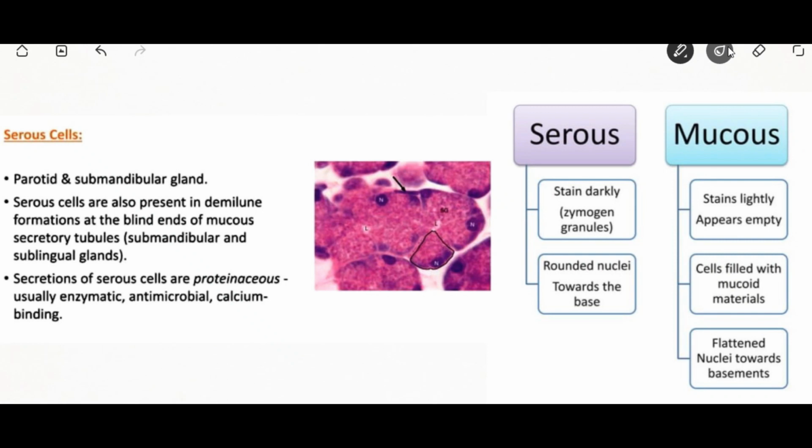The serous cells are specialized cells that synthesize and store proteinaceous material. They also synthesize polysaccharides. The serous cells are pyramidal in shape with their base resting on the basal lamina and the apex toward the lumen.